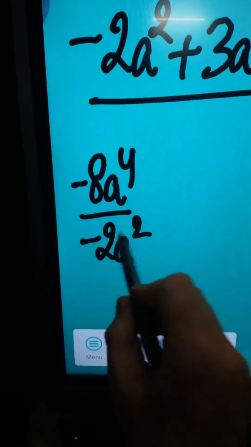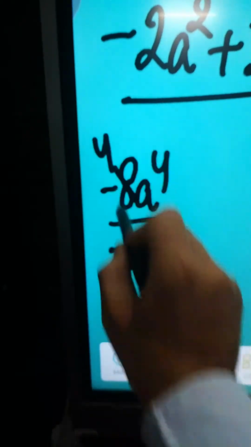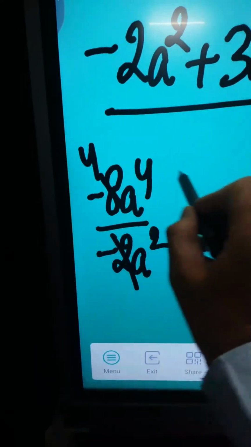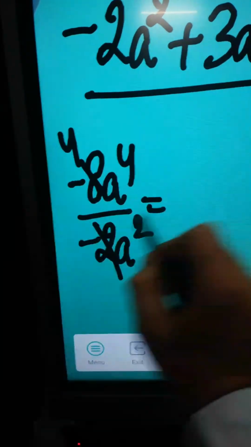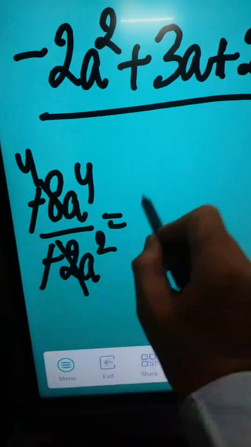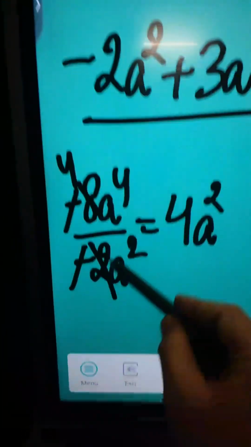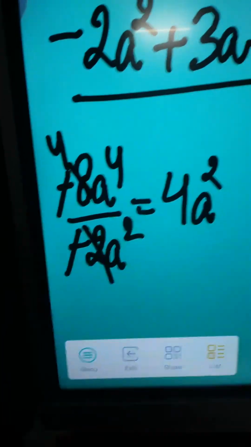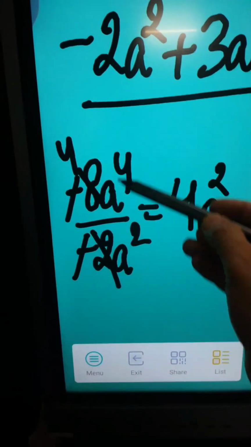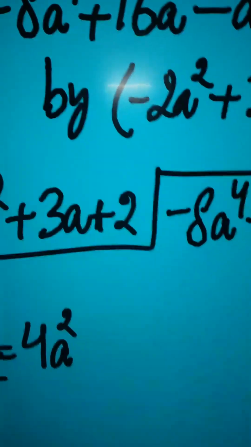When you divide, what do you get? 2 will divide, it is giving you 4. And then a square will divide, and this minus and minus will divide, answer is 4a square. So check that this division you know. This 4a square we will write here.